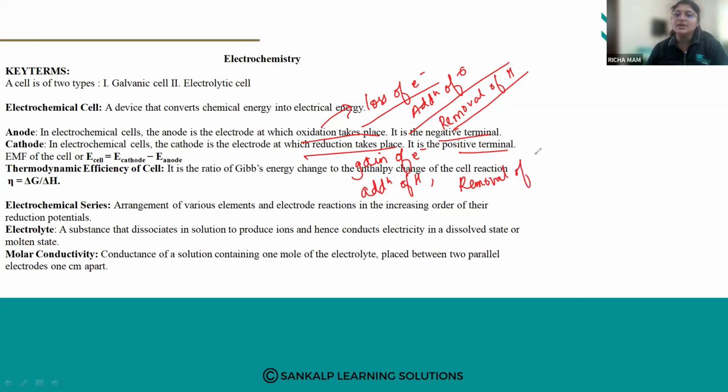So at anode, oxidation takes place, and at cathode, reduction takes place. Now, what do you mean by electrochemical series? It is the arrangement of various elements and electrode reactions in the increasing order of their reduction potential. We are going to see this later.